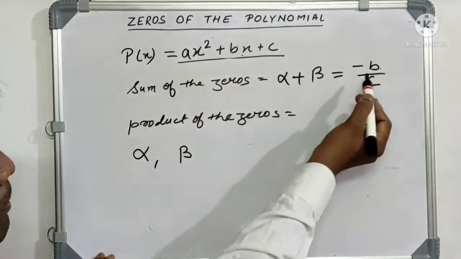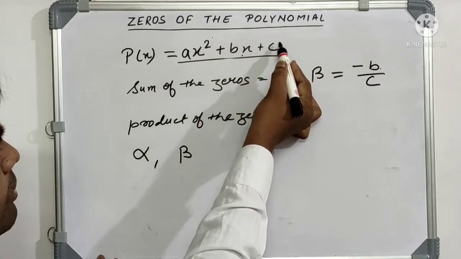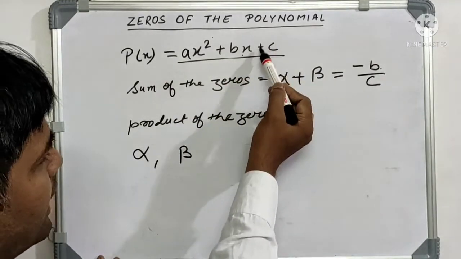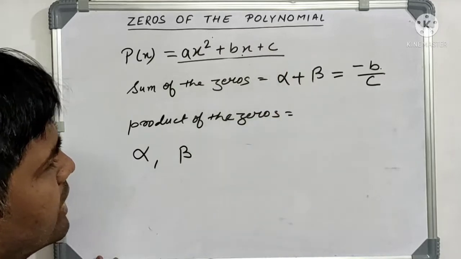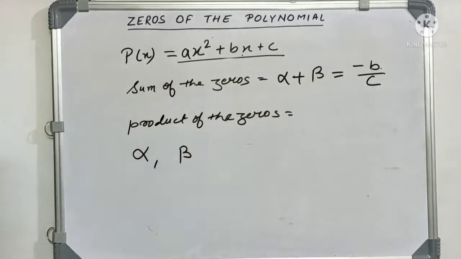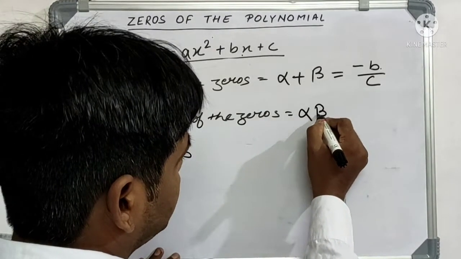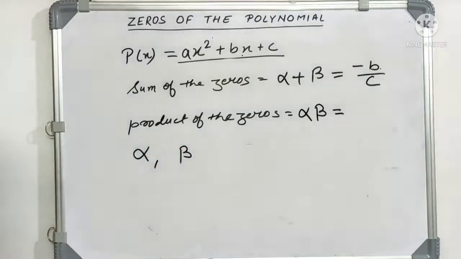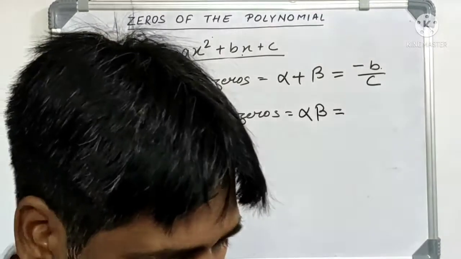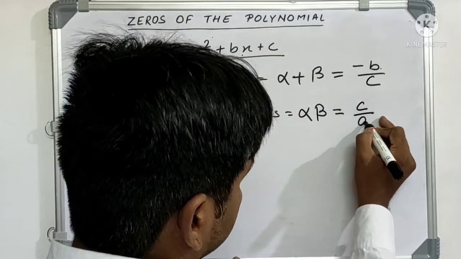Now what is this? b is the coefficient of the variable x, and c is the constant term, the coefficient where the exponent of the variable is 0. Whenever we talk about the product, it is represented as alpha beta, and that value is equal to c upon a.